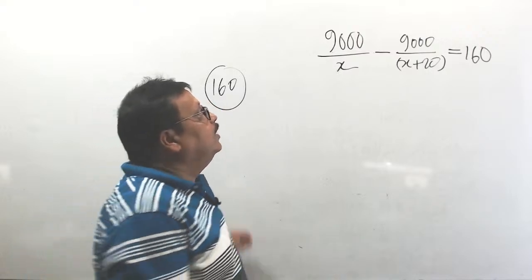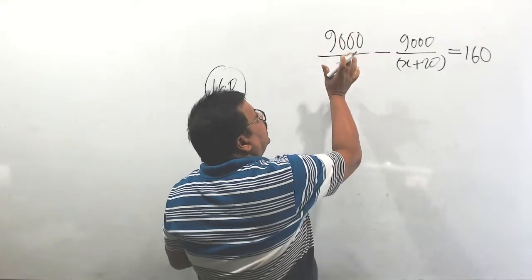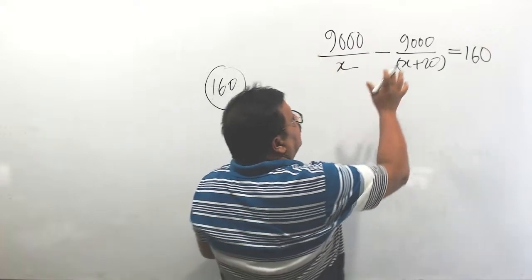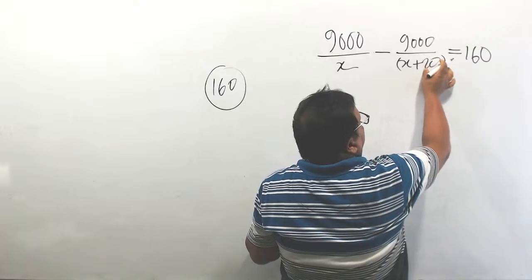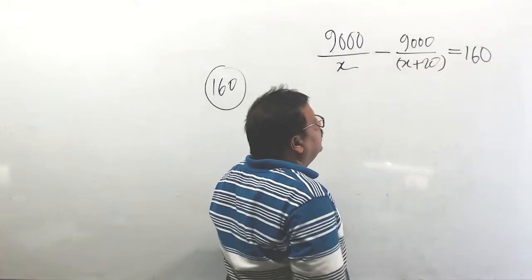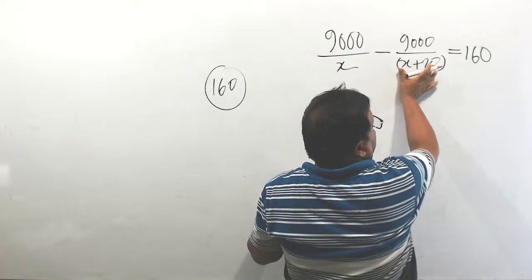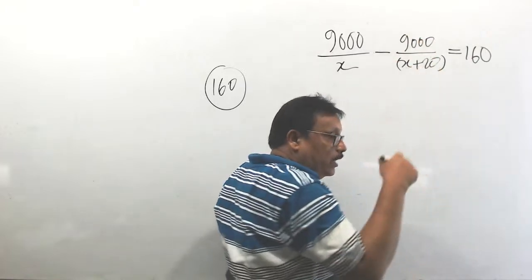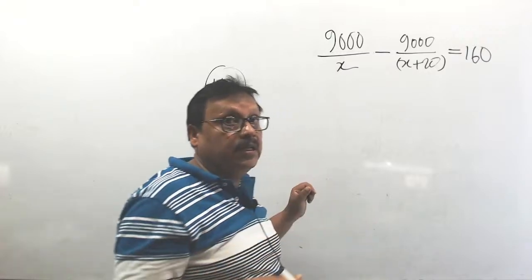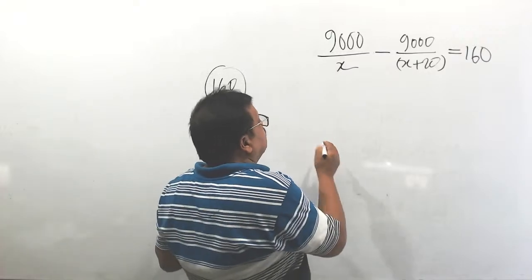Understood? This was the first case, when the number of persons was x. When 20 more persons are added, the divisor will increase, and then the value of the fraction will decrease. See here carefully.